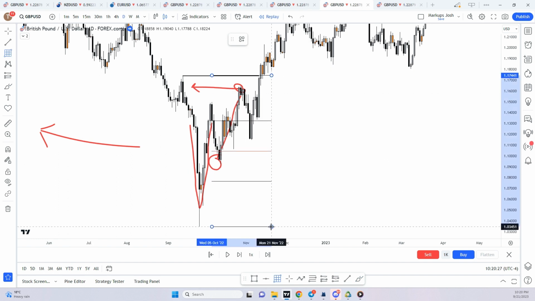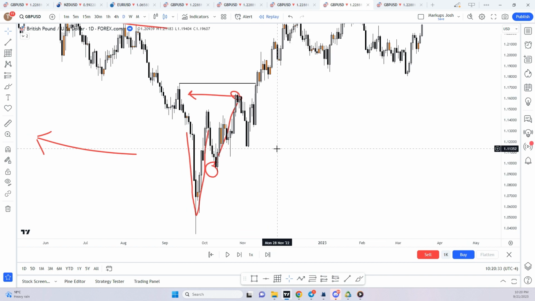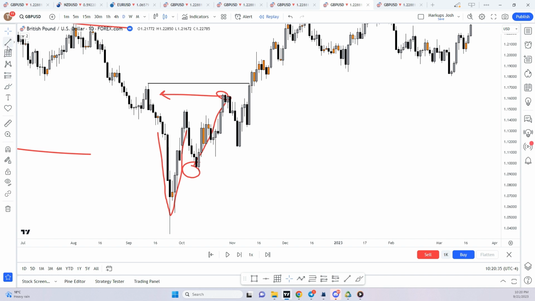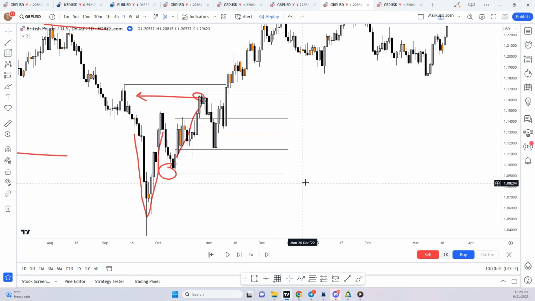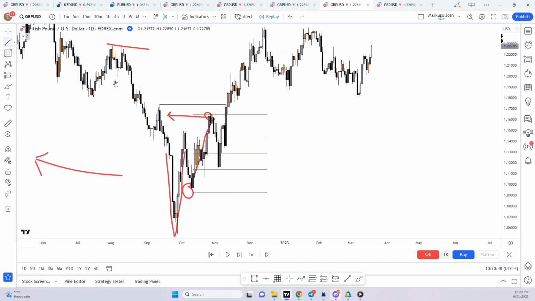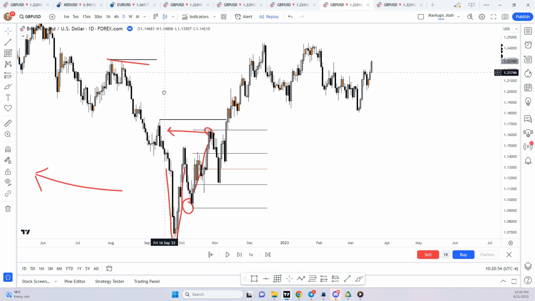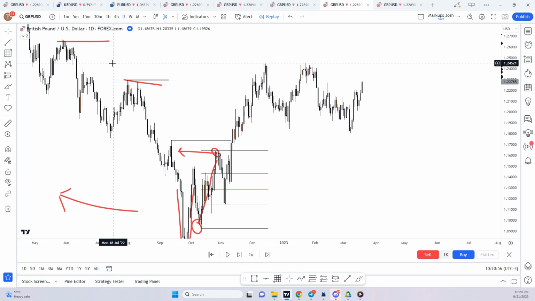Because if we draw a range on from here, we are in premium pricing, top 30% of the range. We can most definitely take the shorts, but just understanding that we will obviously want to hedge them with buys from discount pricing of this internal structural leg. So you would be holding sells from here and buys from this area and targeting buy side liquidity as take profit 1. And we also have a reasonable set of equal highs here as maybe a take profit 2.